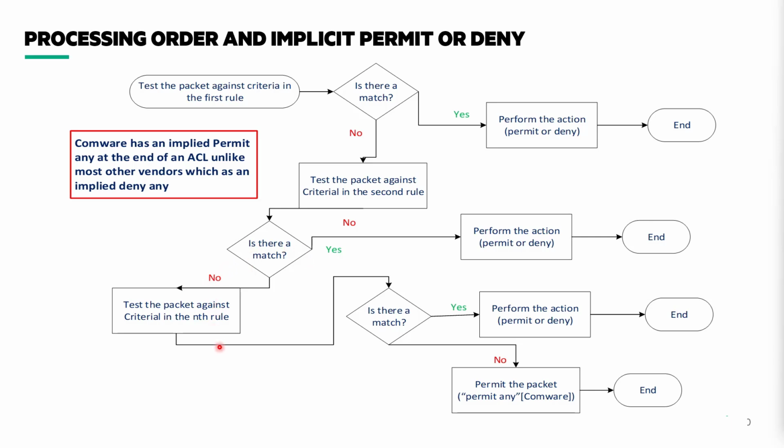If at the end there's no match, in Comware it's completely different. Most vendors will go implicit deny. In Comware they will do implicit permit, meaning if there's no match, unless you explicitly deny the traffic that doesn't match any criteria, by default the traffic will be permitted. Any match will perform the action and no other criteria will be checked.